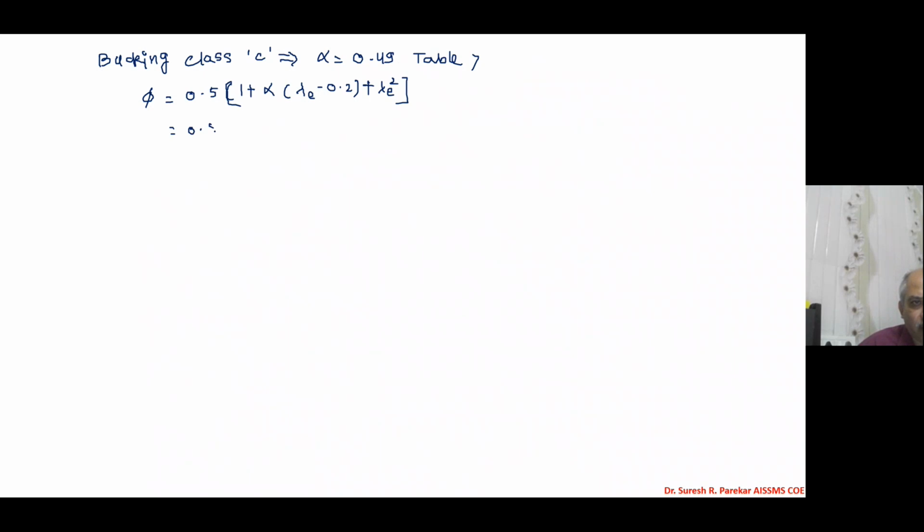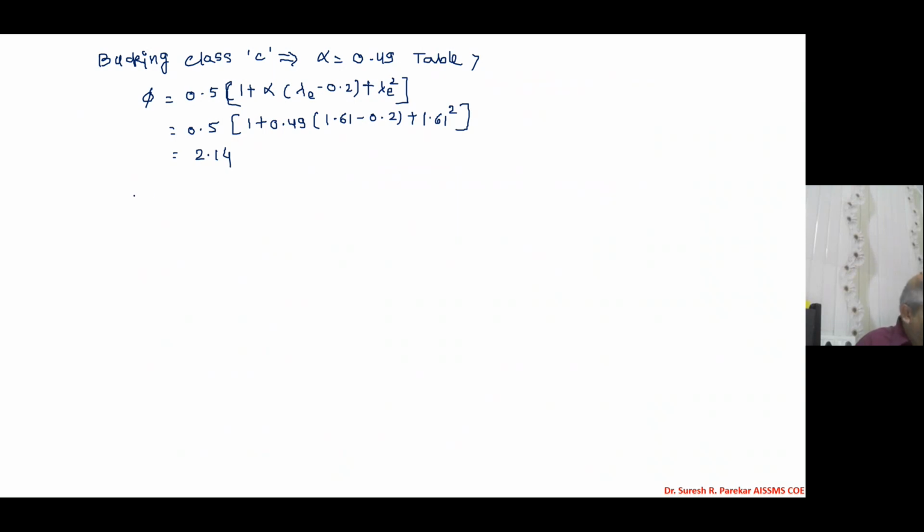And we will put this value 0.5 in bracket 1 plus alpha 0.49 lambda E we have calculated 1.61 minus 0.2 plus 1.61 square. And this comes 2.14.